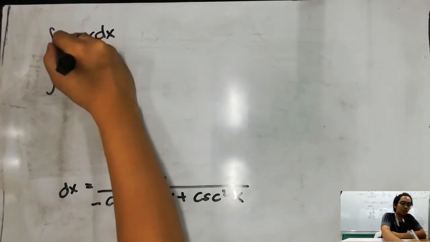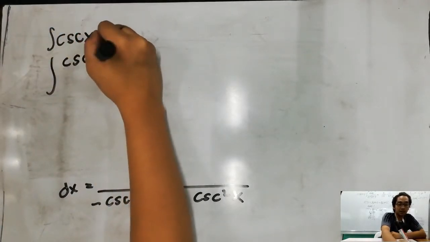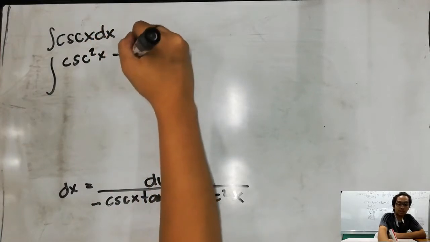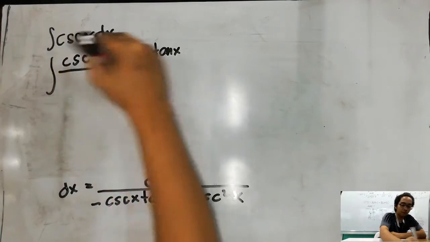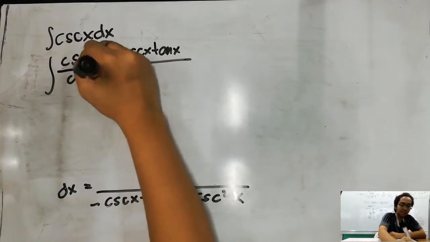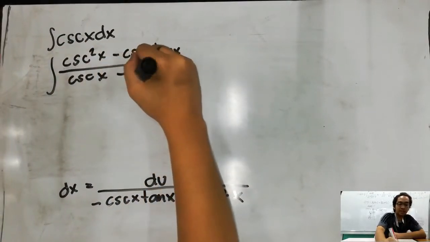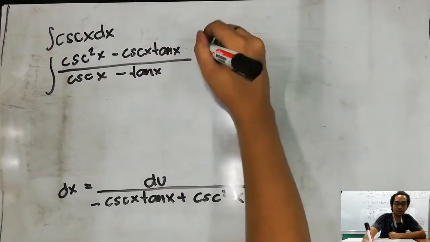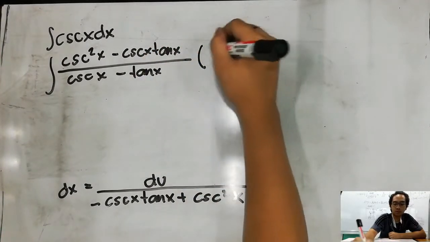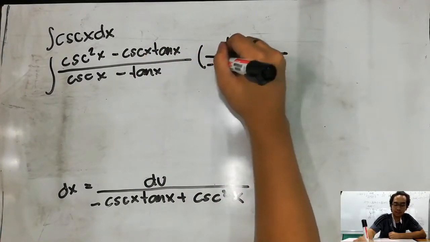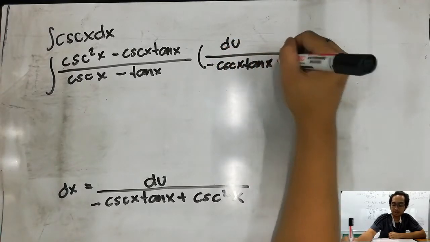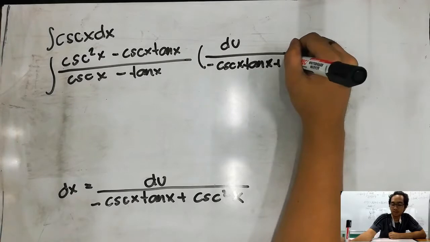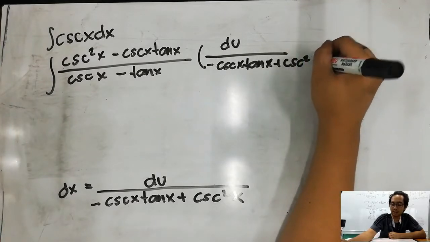The integral of cosecant squared x minus cosecant x tangent x over cosecant x minus tangent x times du over negative cosecant x tangent x plus cosecant squared x.